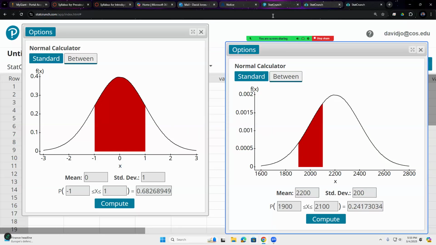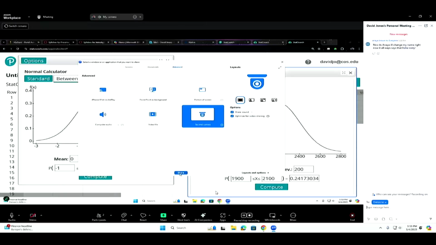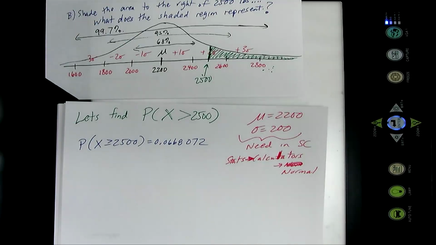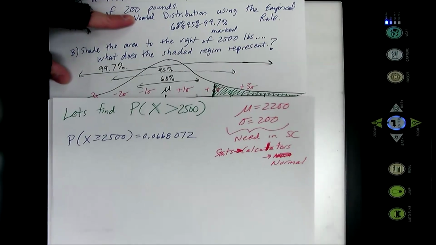Alright, I'm going to switch back. So that's what we had here. What is that number telling us about the 2,500? Our question was, what does the shaded region represent?